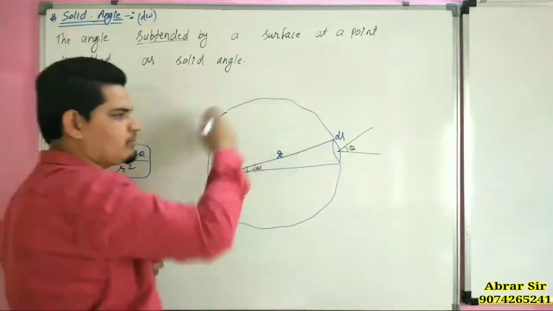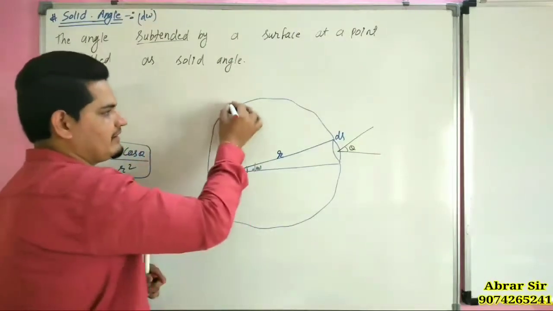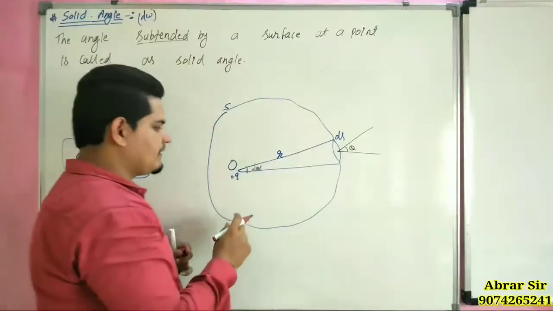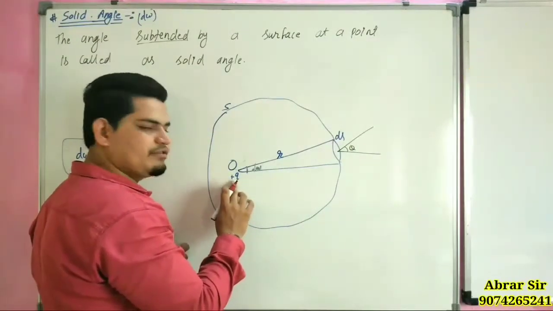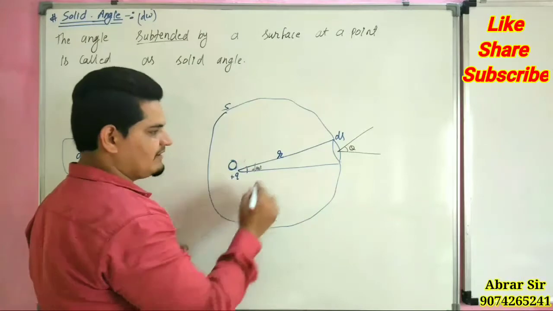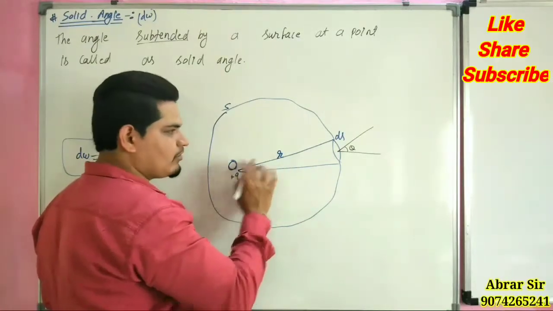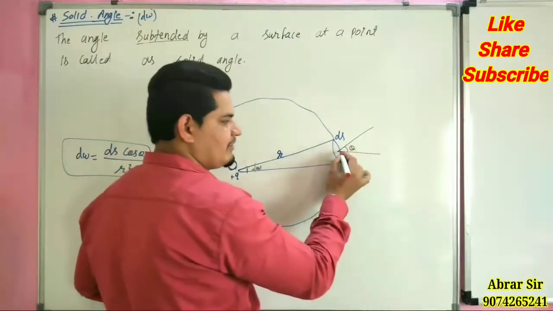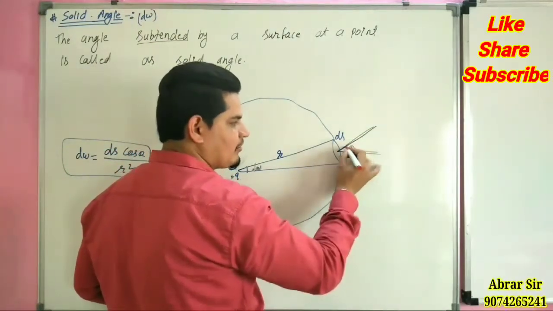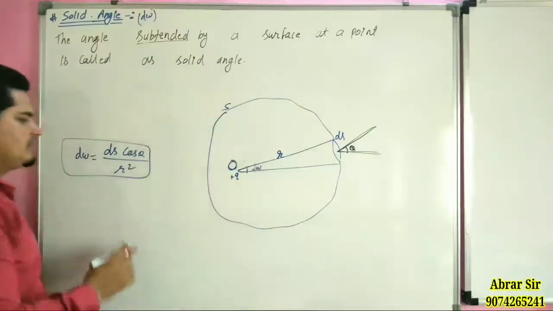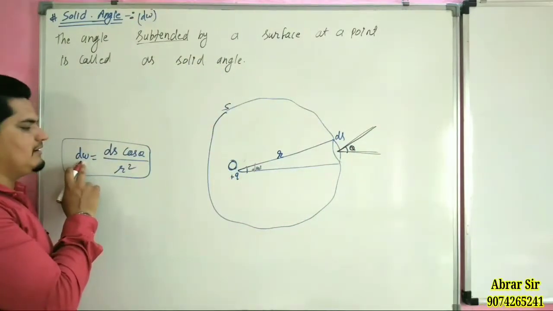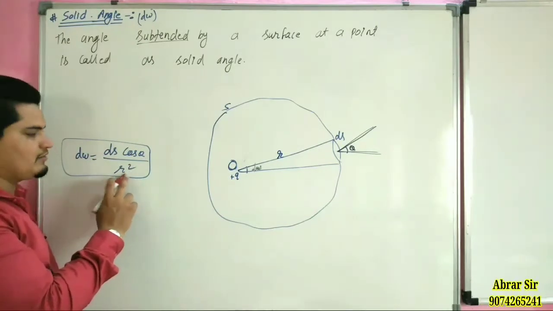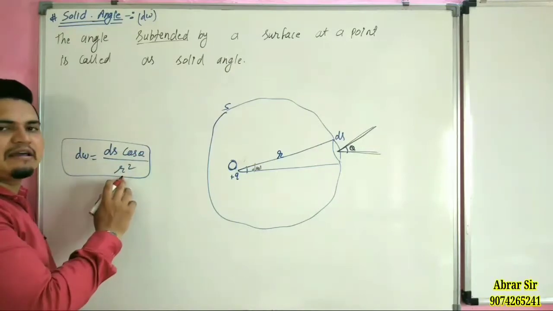If we consider a closed surface S, and this is the small surface, the hollow surface. If we put a positive charge at point O, and this is the distance r from O to this surface ds. This is the angle theta between the perpendicular and the electric lines of force. Then the solid angle d omega is equal to ds cos theta divided by r square.